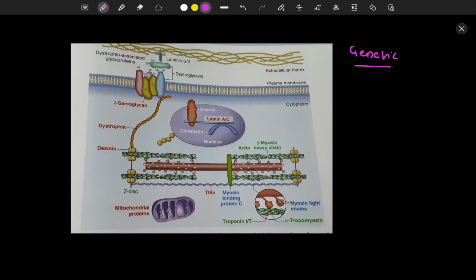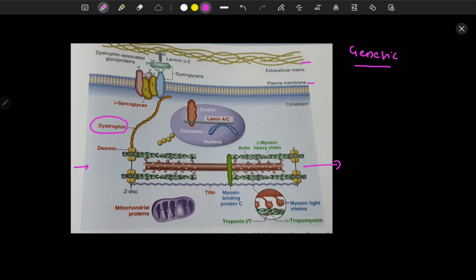So this is a cardiac cell, and here you can see this is a contracting unit, that is a sarcomere. Here you can see the actin and the myosin. So this is the plasma membrane and this is the extracellular matrix. There is a protein called dystrophin, which is linking the cytoskeleton to the extracellular matrix.